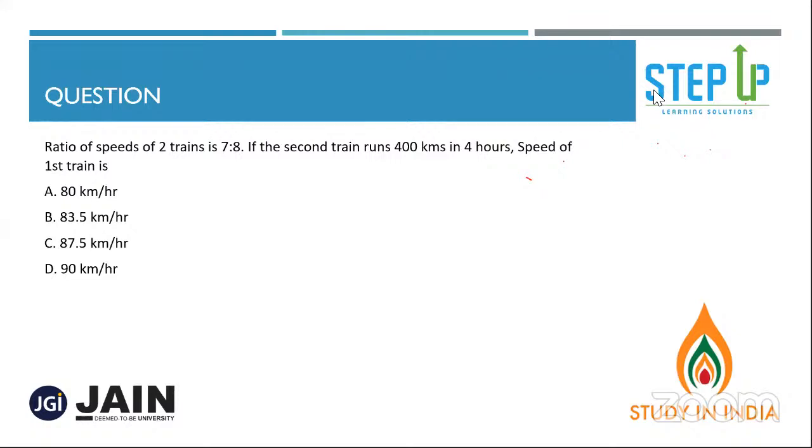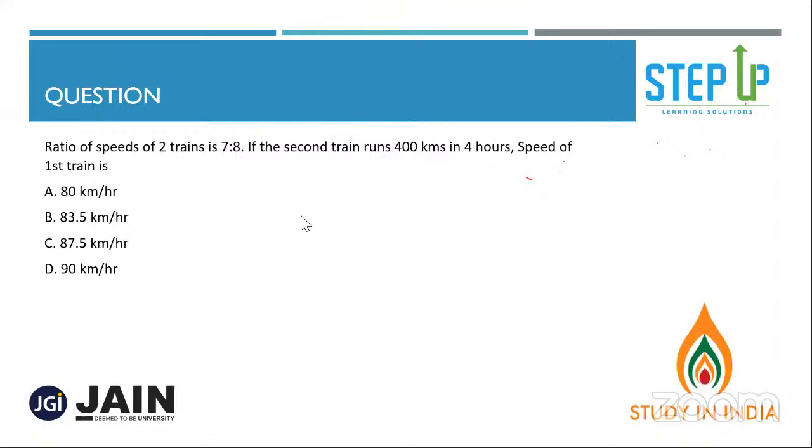Clear each other generally says that one is coming from the opposite side, and both of them are coming from opposite sides. 87.5. Okay. 7 into 12.5, I guess.